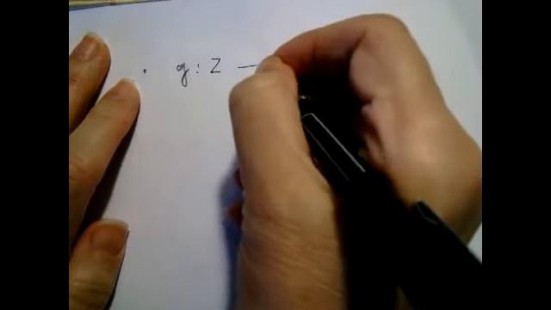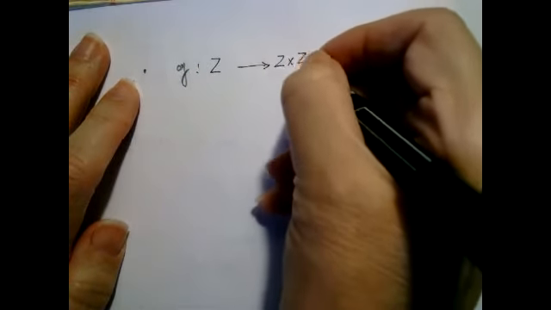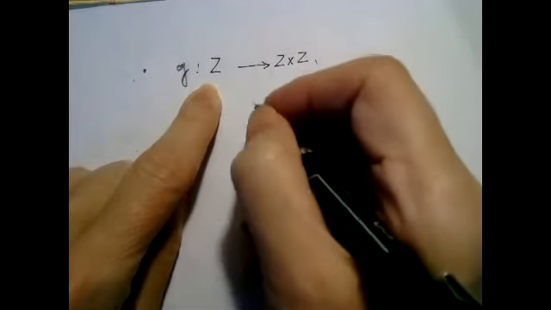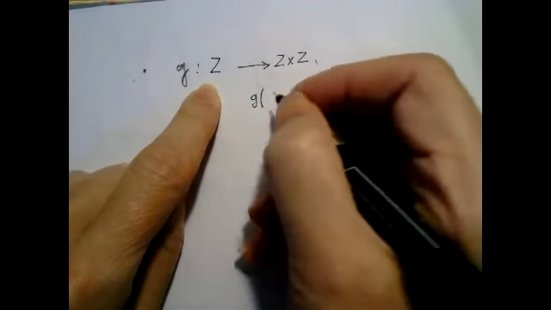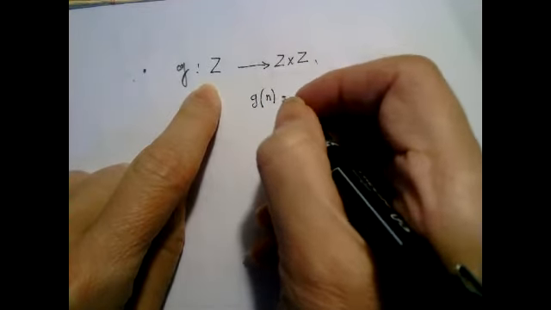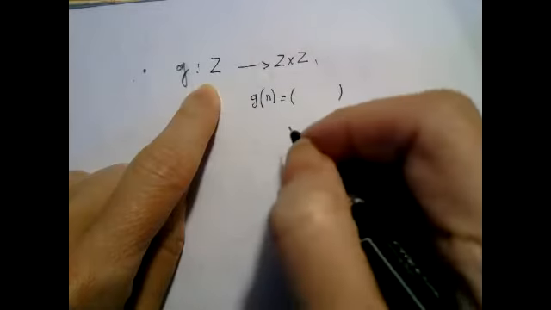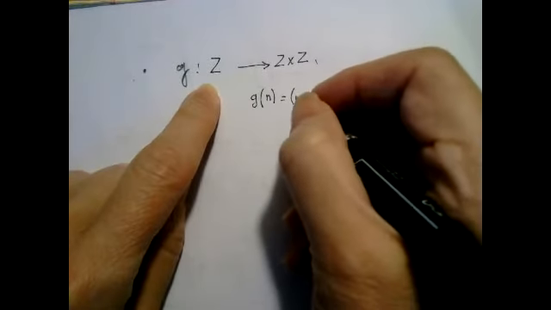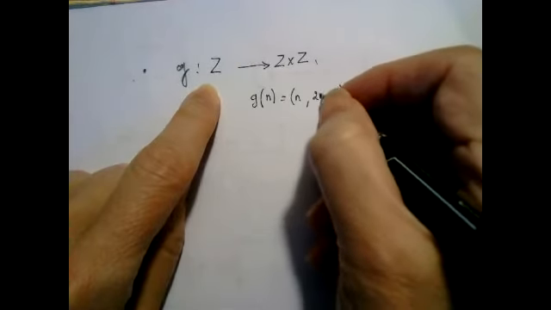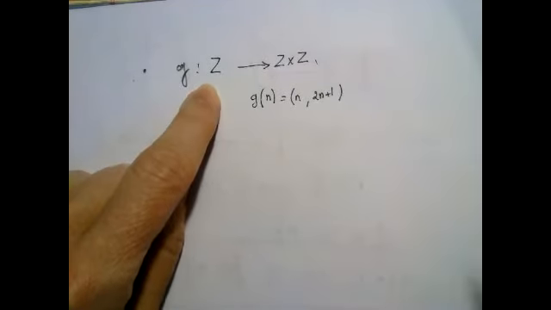Right. So my last question about onto is also simple, but I want you to get a picture of it. Suppose g is a function from Z, all the integers, to Z cross Z. It means the input is an integer, but my output has to be an ordered pair. So I'm going to give you this simple ordered pair, that's g of n.